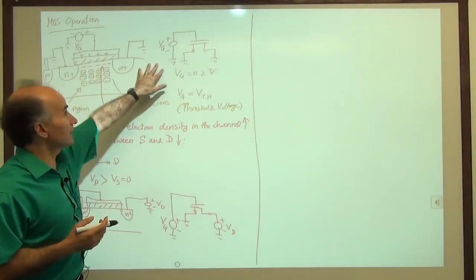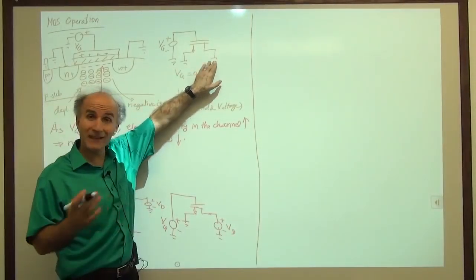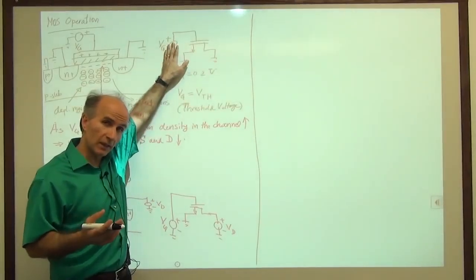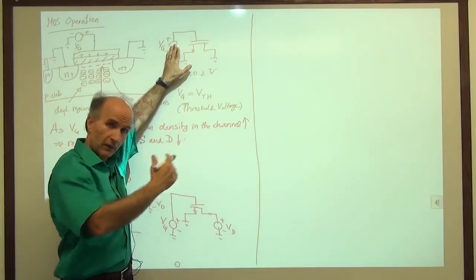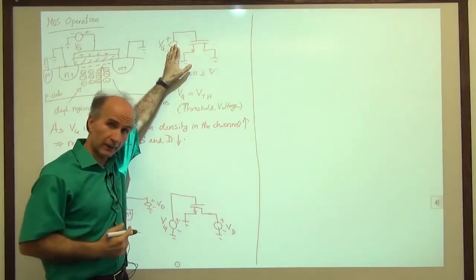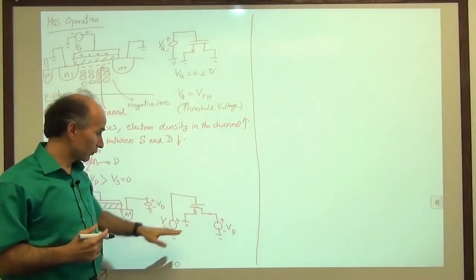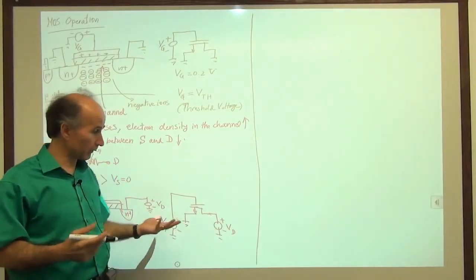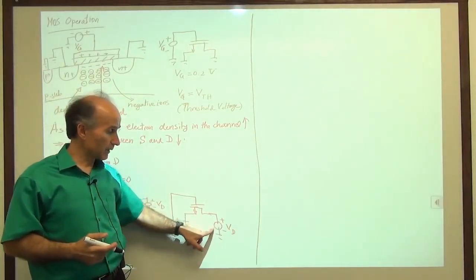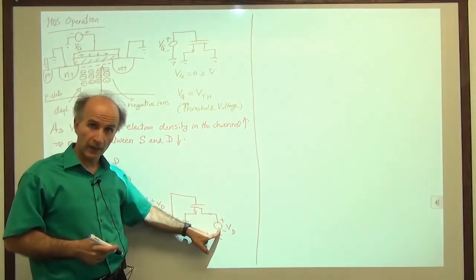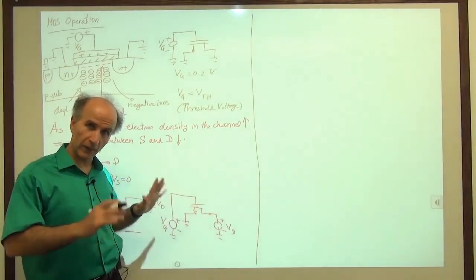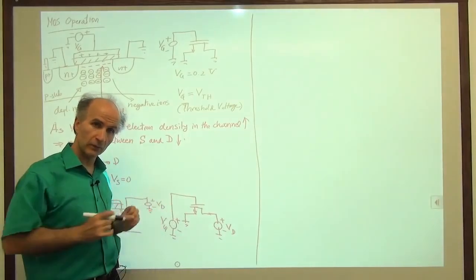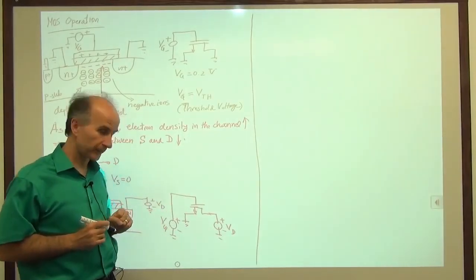For example, previously, we assumed that VD was 0, and we varied VG, and saw that a channel begins to form, and we exceed the threshold voltage, and the resistance keeps going down, and so on. Now, we have 2 voltages, so I have the freedom. I can select this to be variable, and this to be constant, or the other way around. And we have to do this very patiently to get used to all the characteristics.